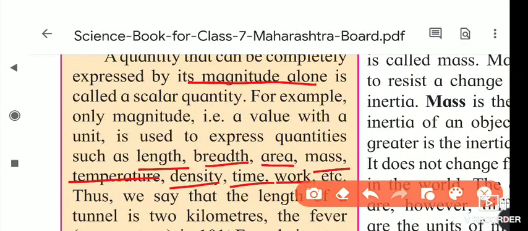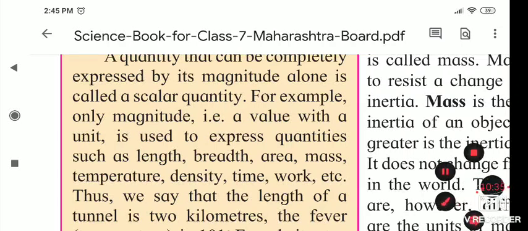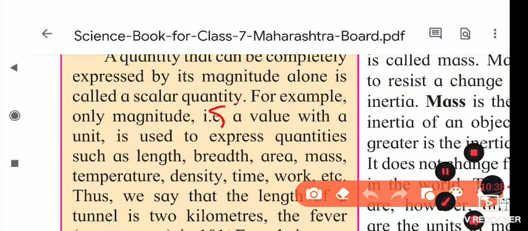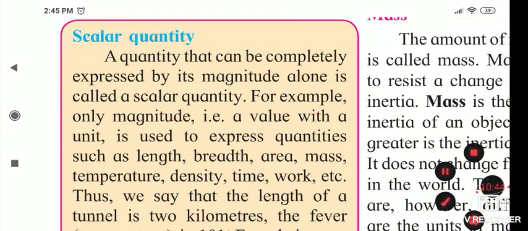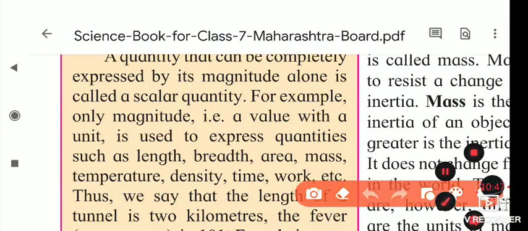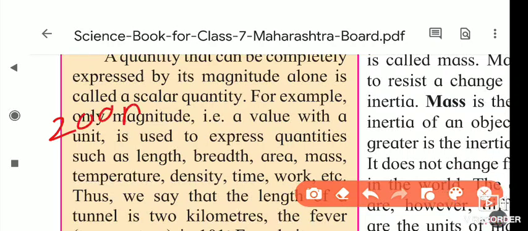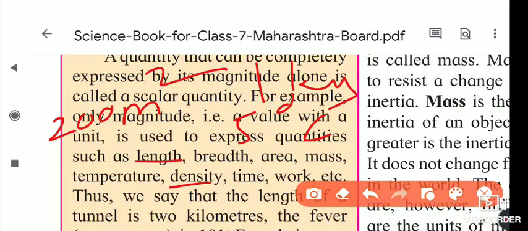Here we only take the magnitude. How much is the length? 5 meter. How much is the breadth? 3 meter. How much is the area? Suppose it is 200 meter square. Mass 1 kg, temperature 5 degree Celsius, density has a different unit, time 5 o'clock.